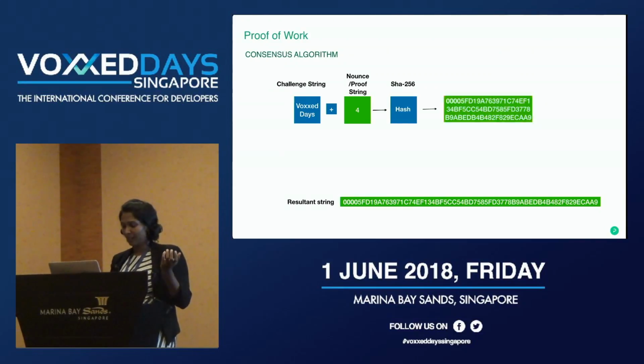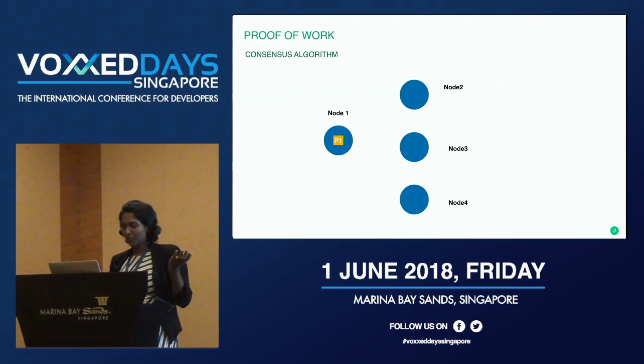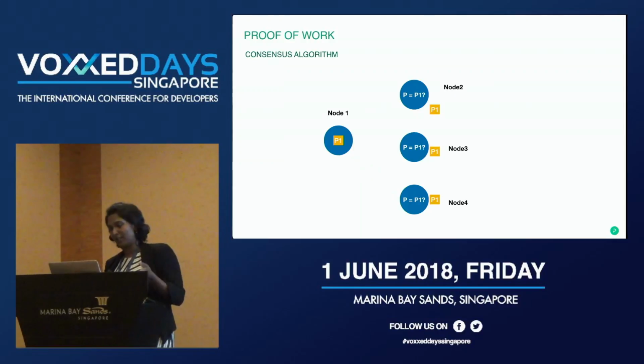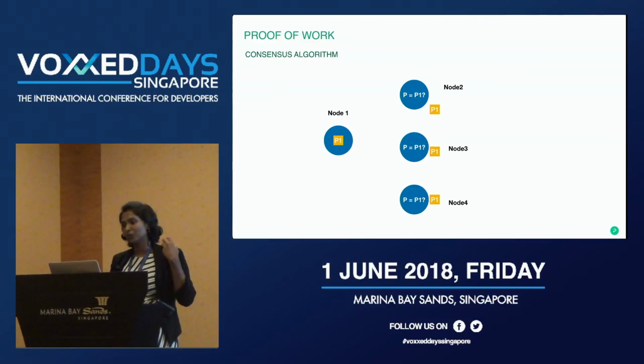So now you've got your proof string, and you publish it to other nodes in the network. The cool thing about this algorithm is that it's very hard to find the solution, the proof string. To give you an idea of how hard it could be to get the first 40 bits of the string to be 0, you have to try almost 1 trillion times. So it's a very computationally intensive task.